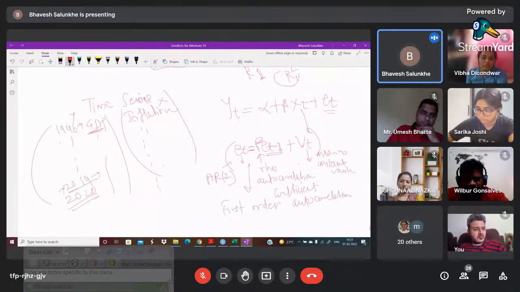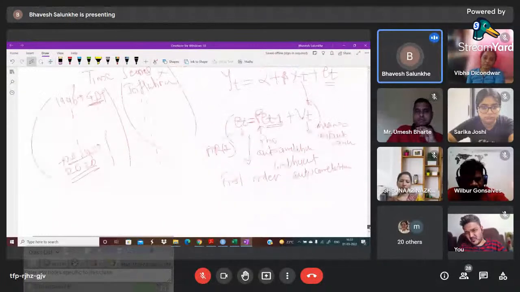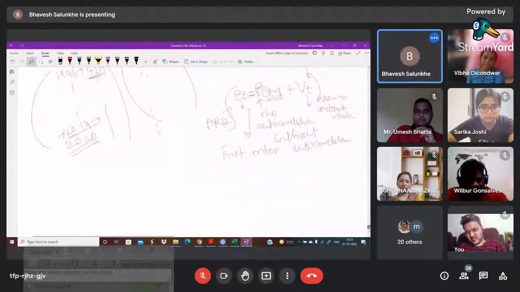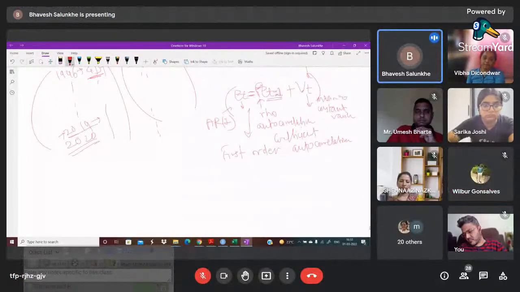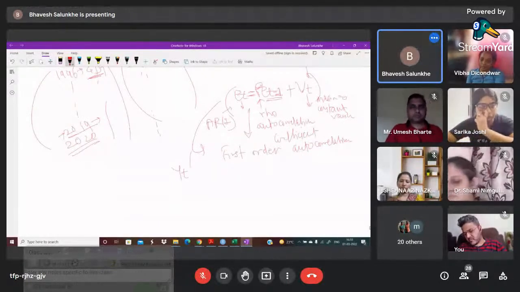We can have an autoregressive process of order 2 as well, but let's stick to this simple AR1 process. Now, what happens when this kind of problem occurs in the regression, where the error terms are correlated? If e_{t-1} is influencing e_t, what will happen to Y_t? Y_t will also get influenced by e_{t-1}. You understand the link?